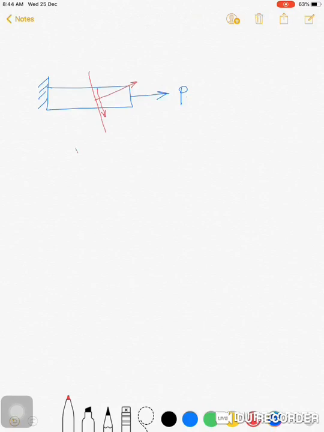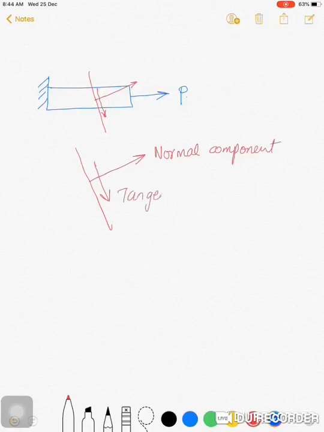This means that if we draw the section, then there are two components. One component is normal component and the other component is tangential. This normal component induces normal stress, while the tangential component induces tangential or shear stress.